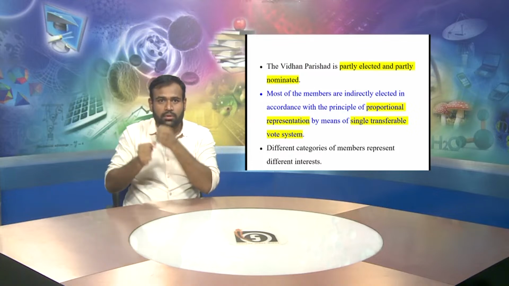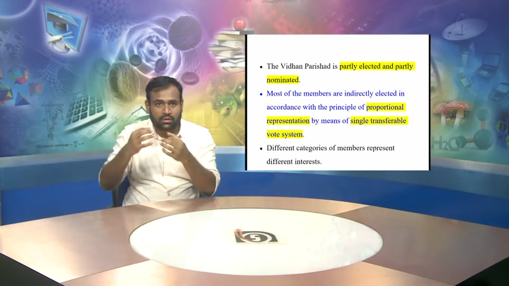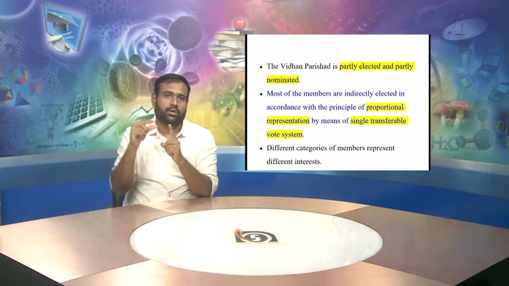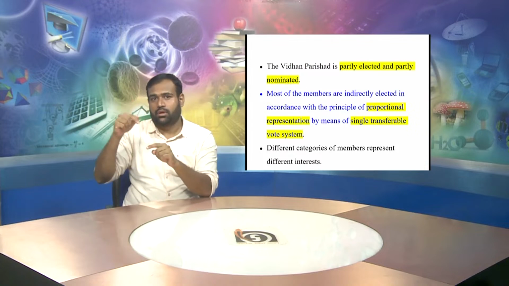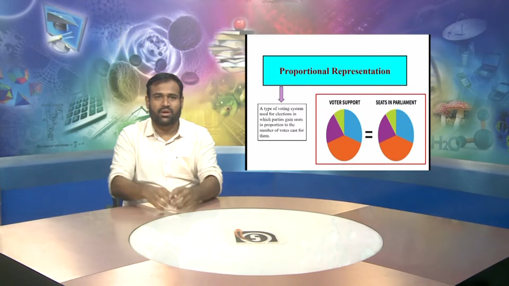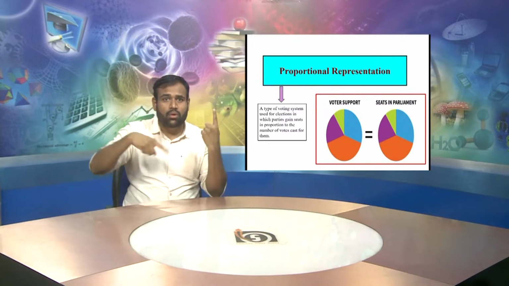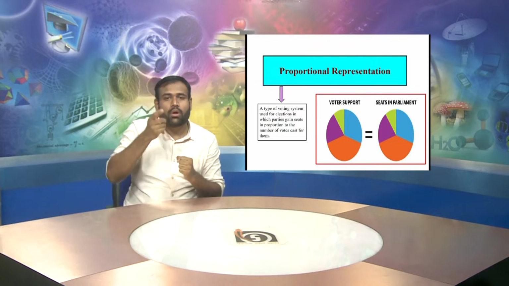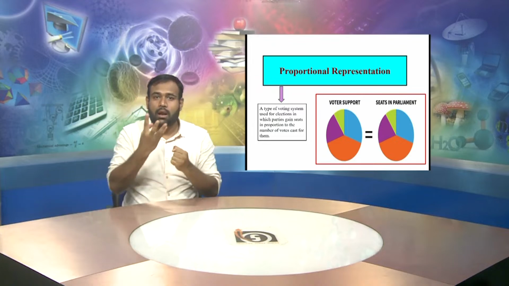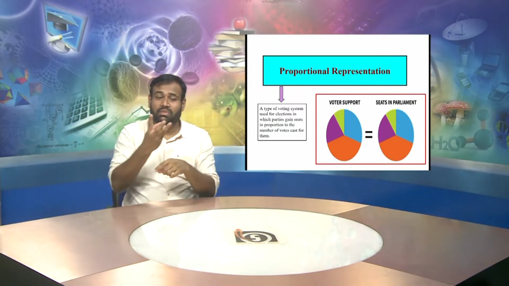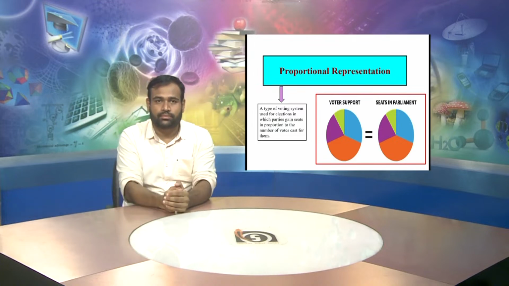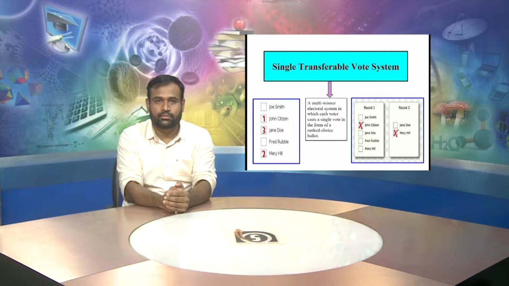And different categories of members represent different interests. You can see the image and easily understand proportional representation, which is a type of voting system used for elections in which parties can gain seats in proportion to the number of votes.